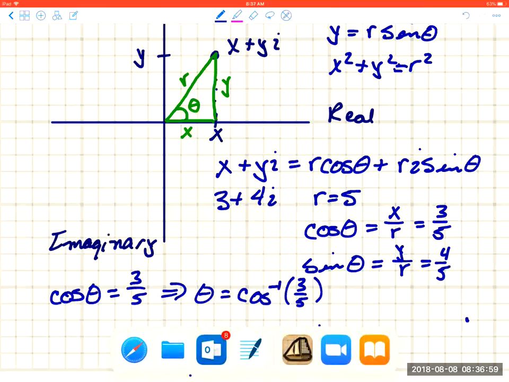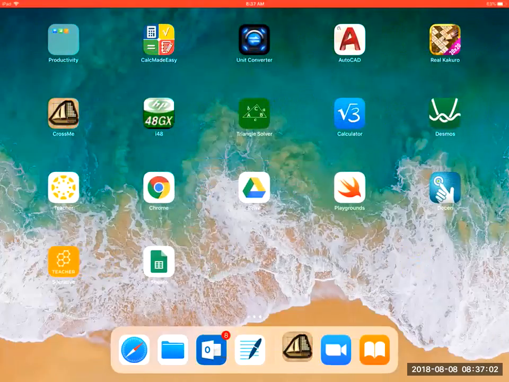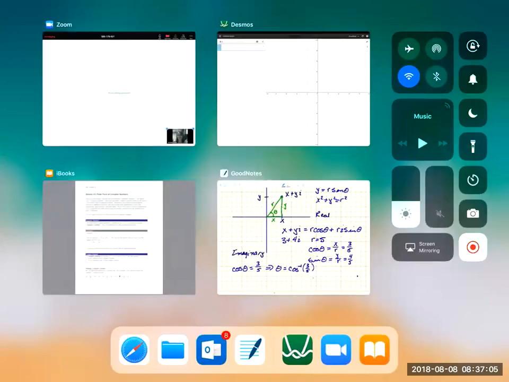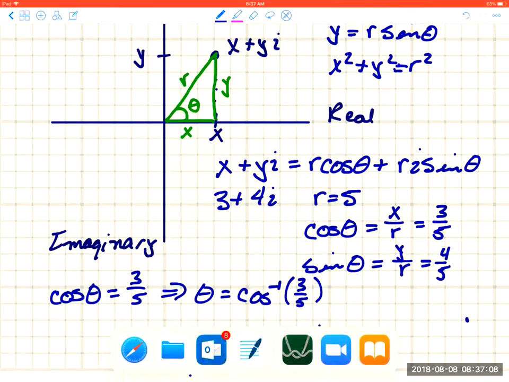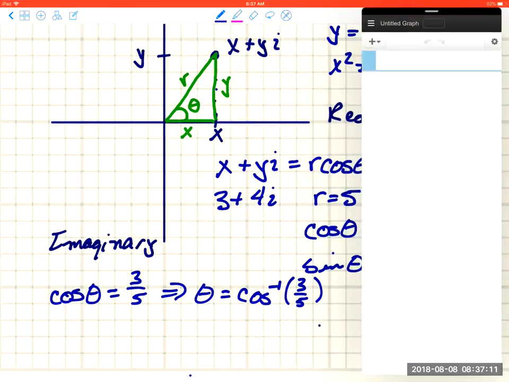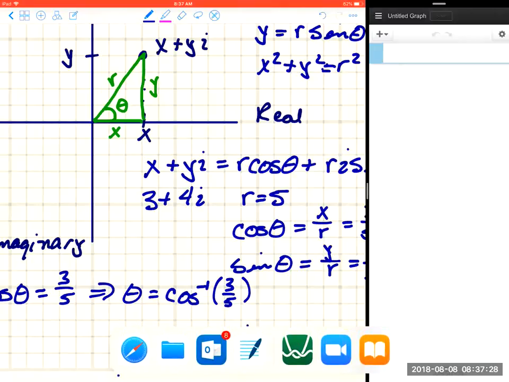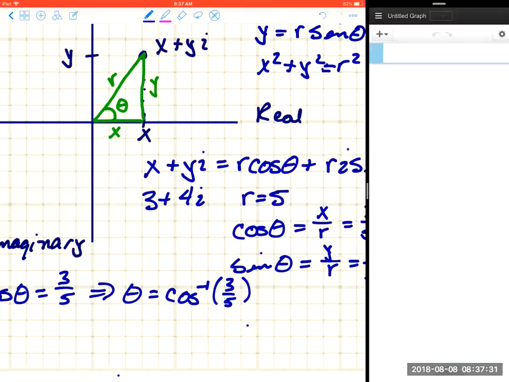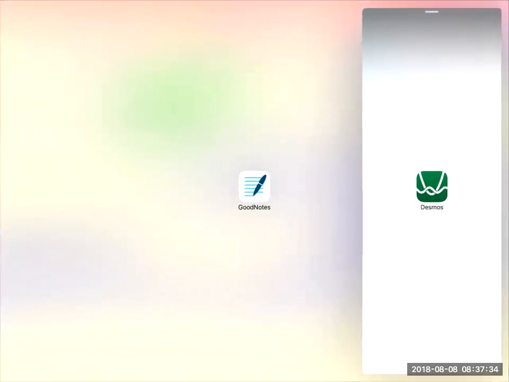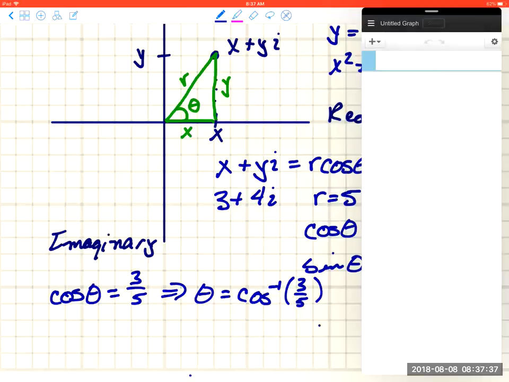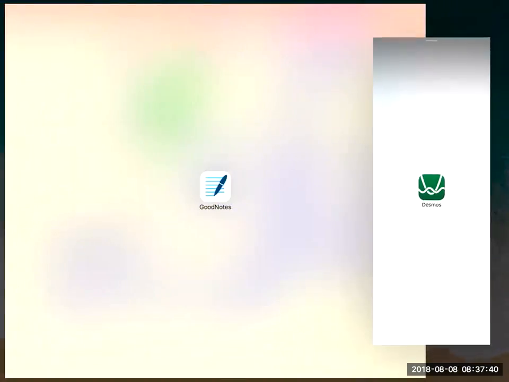Oh, I need Desmos, which I put away. Let's make sure we are in radians. Desmos is unhappy. Desmos is really unhappy. Give me a second here.